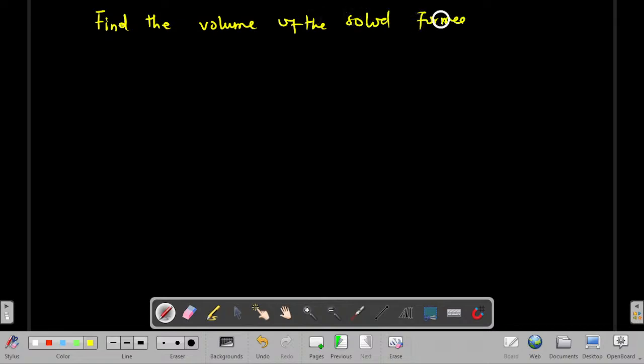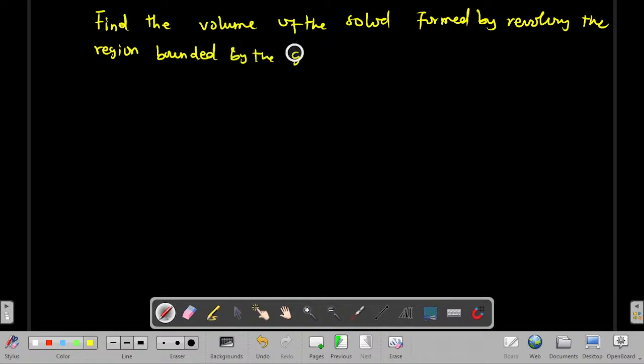Find the volume of the solid bounded by the curves and revolved about the x-axis.